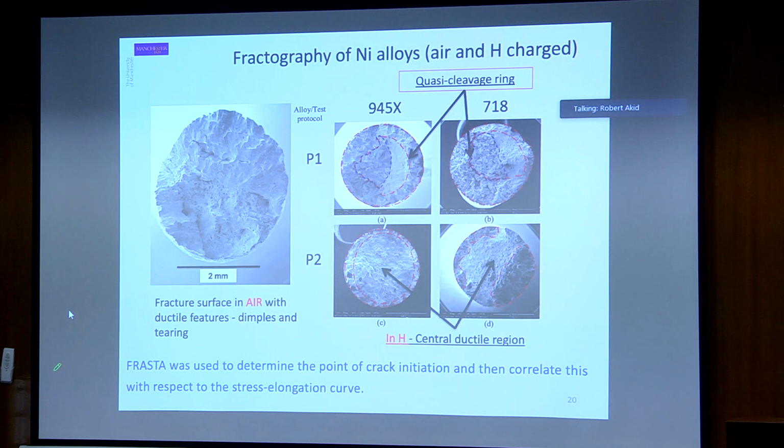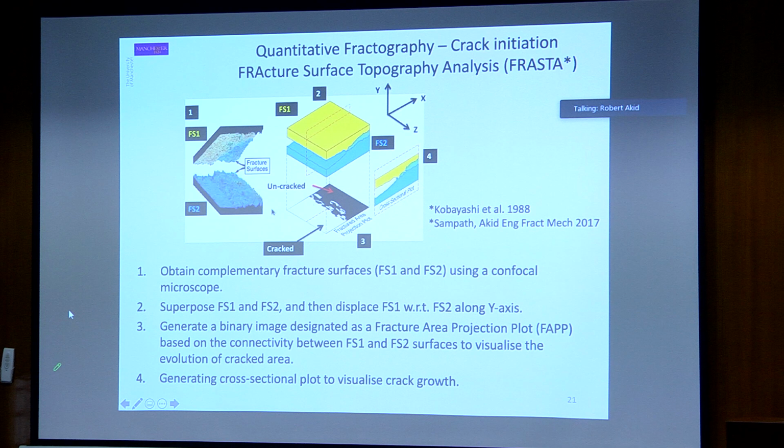And what we've done is we've used this FRASTA technique, which is fracture surface topography analysis, to look at the initiation and development of the cracks during that process. So what is FRASTA?